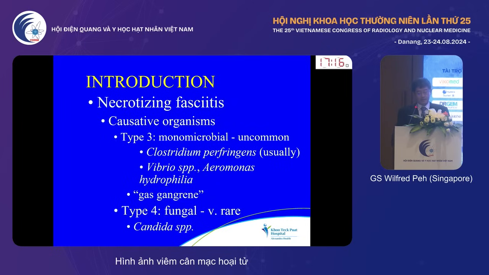The gas-forming bacteria, like Clostridium, are less common, but you often see radiographs of this showing gas because it looks nice on radiographs. And fungal infections are really rare. Personally, I don't think I've come across a single case of fungal infection causing necrotizing fasciitis. So in summary, the commonest one would be a mixture of anaerobic and aerobic organisms.